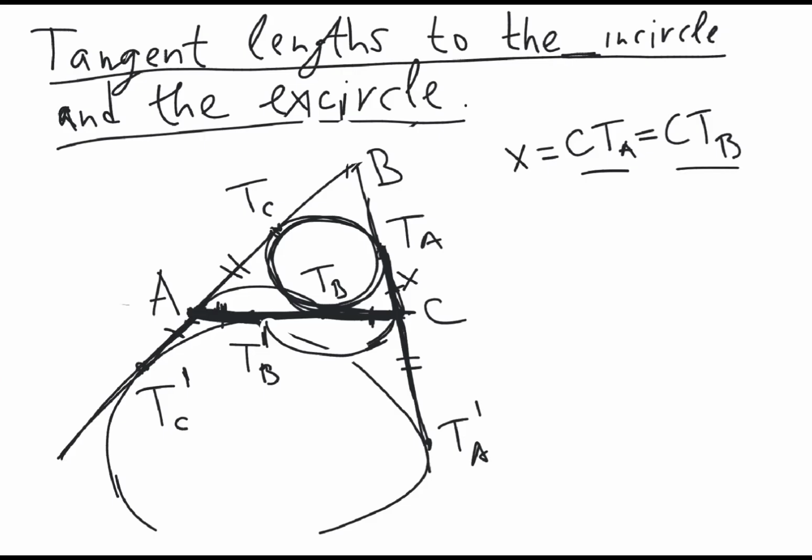So these 2 are obviously equal to each other. And denote Y to be ATB and ATC, so the tangent from A to the incircle, ATB and ATC.